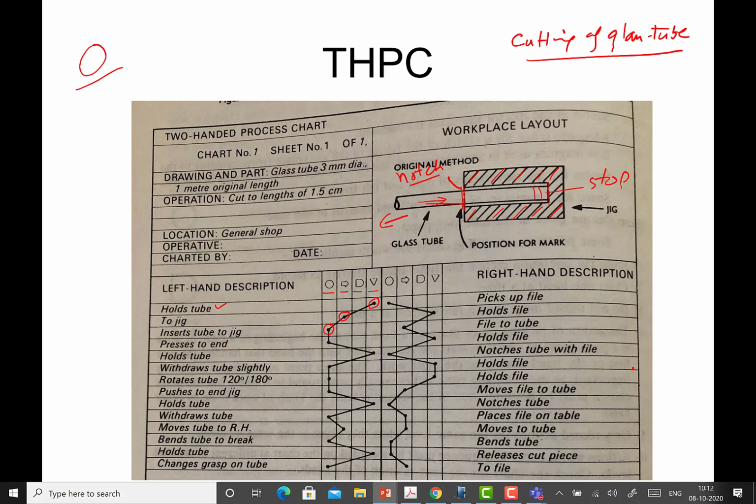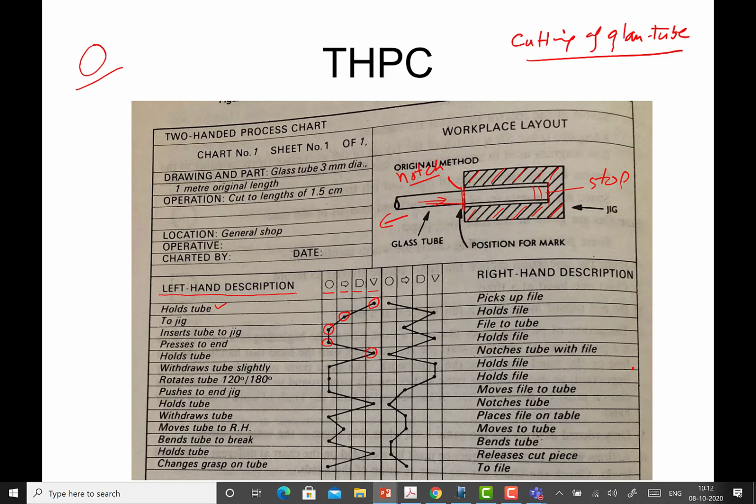Then presses to the end. Okay, so another operation. Holds the tube. Once it is pressed against the end, then it is held firmly. So this is about the things being done by the left hand.